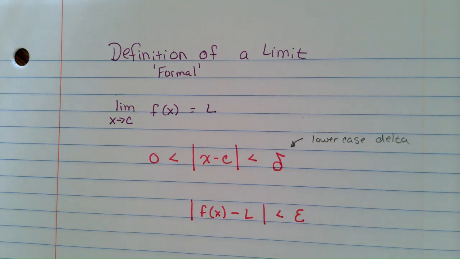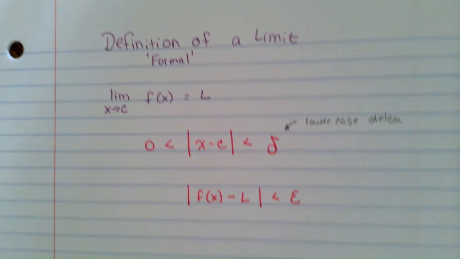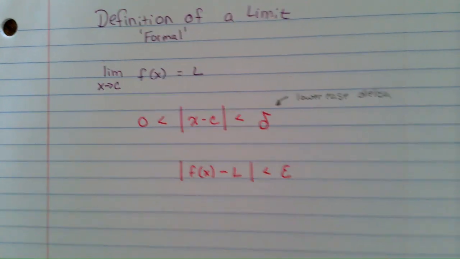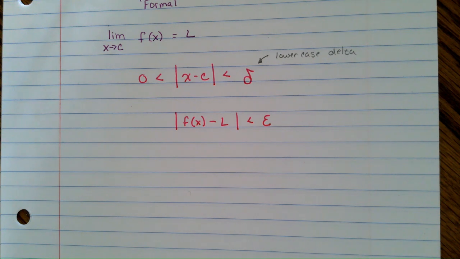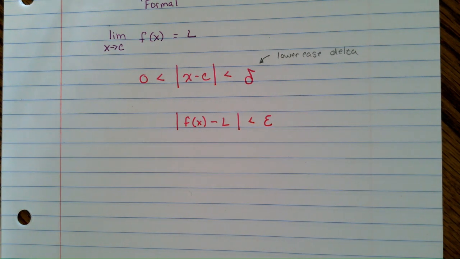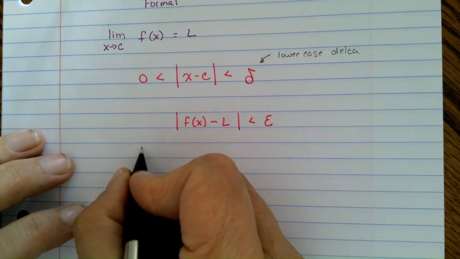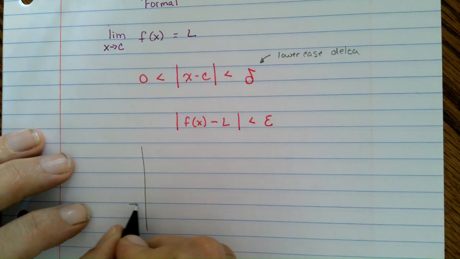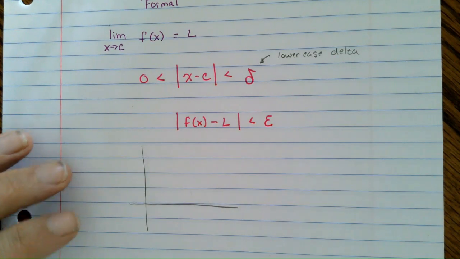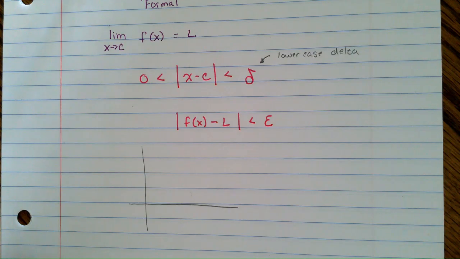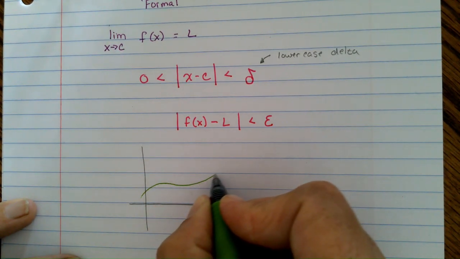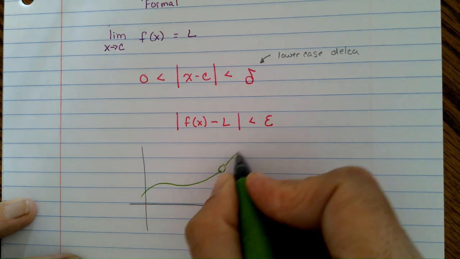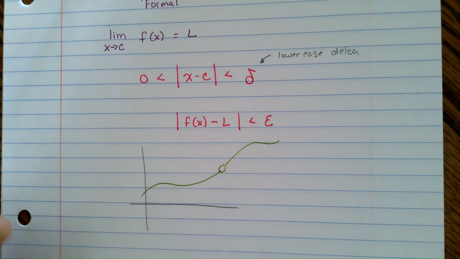Okay, well, really, what does that mean, right? So what? Are you going to use these a lot? No, you're not. But just kind of understanding what they are is a nice thing. Okay, so here we have, and I'm going to go ahead and give us some kind of function.